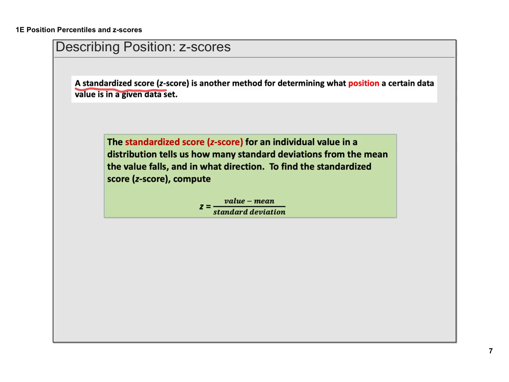Z-scores are based on mean and standard deviation. So the z-score for an individual value tells us how many standard deviations away from the mean a value falls, and in what direction.